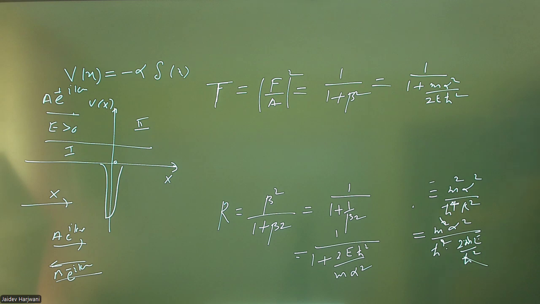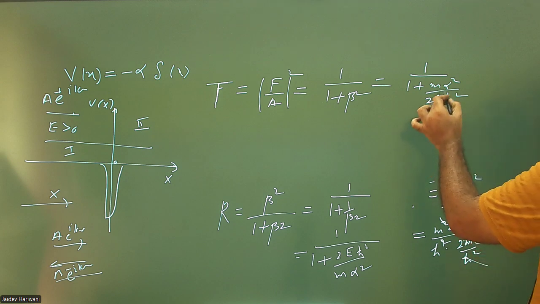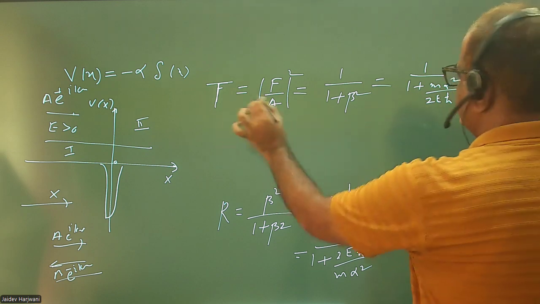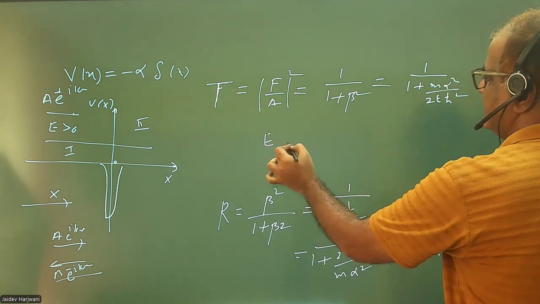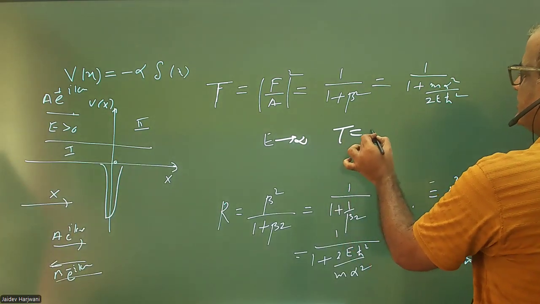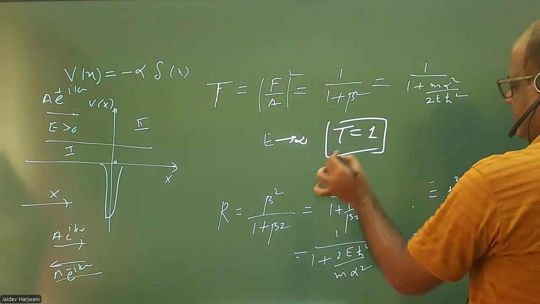So as energy keeps on increasing, my transmission coefficient tends to 1. If E goes to infinity, the transmission coefficient becomes 1.